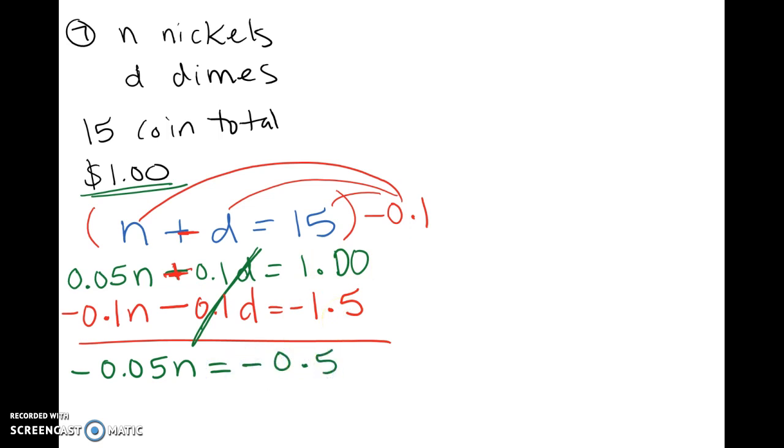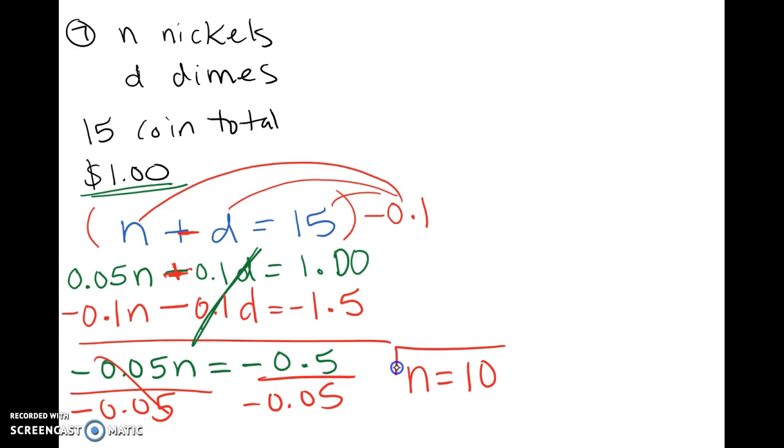Negative 0.5. And now I'm solving for N. So what do I need to divide by? Negative 0.05 to both sides. And luckily we have calculators, so negative 0.5 divided by negative 0.05 is what? N equals 10.